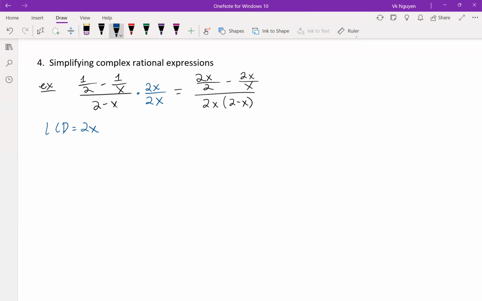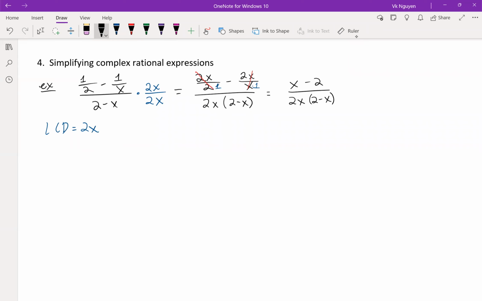You see that we have a common factor. 2 and 2, x and x, right? And then remember, 2 is 2 times 1, x is x times 1. So now we can happily get rid of the common factor. And what we have is x minus 2 over 2x times 2 minus x.